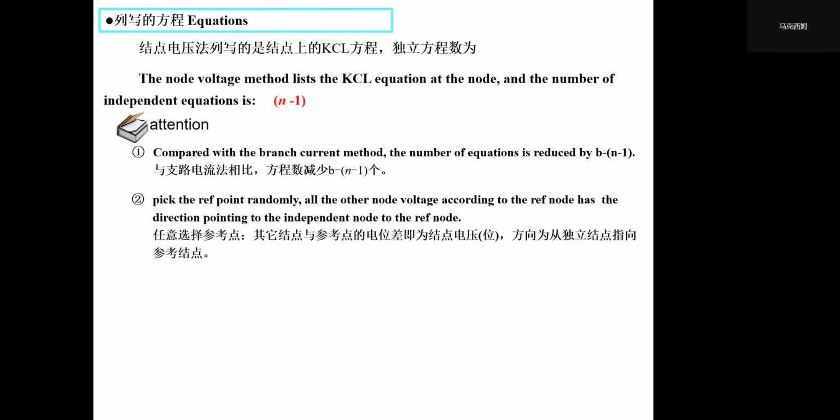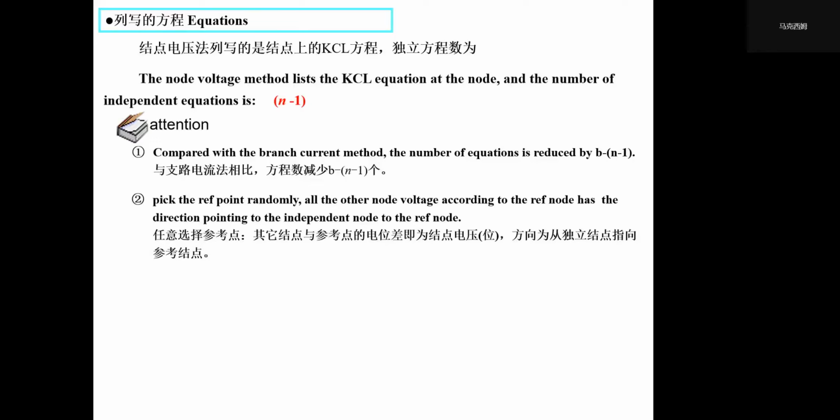So we can pick the reference node randomly, and we take the node voltage as the voltage difference between the node we pick and the reference node.